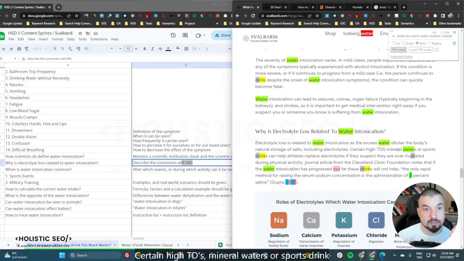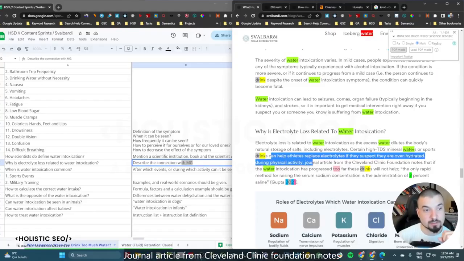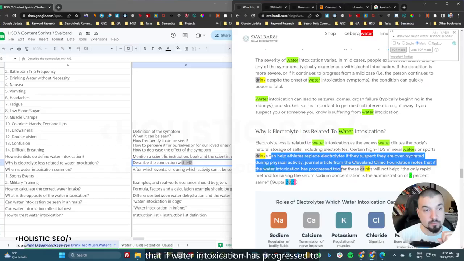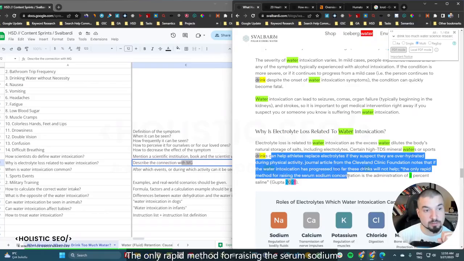Certain high TDS mineral waters or sports drinks can help athletes replace electrolytes if they suspect they are overhydrated during physical activity. A journal article from Cleveland Clinic Foundation notes that if water intoxication has progressed too far, these drinks will not help. The only rapid method for raising the serum sodium concentration is the administration of 3% saline.